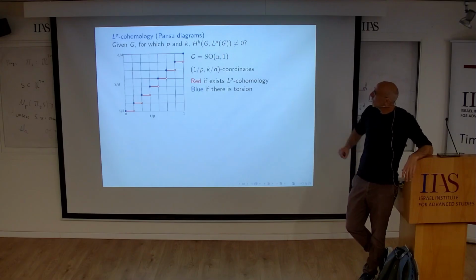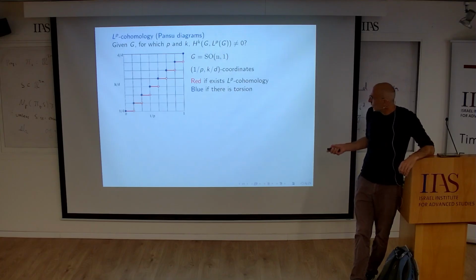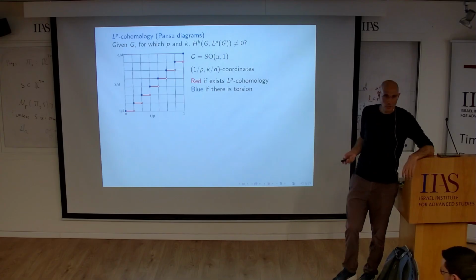I'm just coloring all points when I do see k-degree cohomology at a given value of p. So when p is 2, for example, 1/p is 1/2, which is very special.